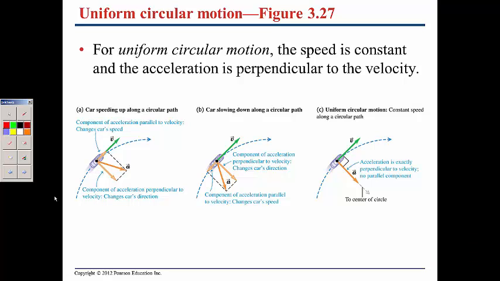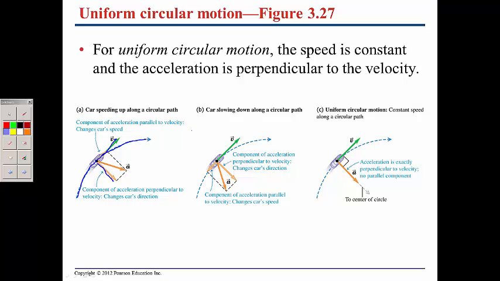We've already talked about uniform circular motion. We've already talked about cars that are speeding up or slowing down on a circle, where if a car is speeding up on the circle, it's accelerating.